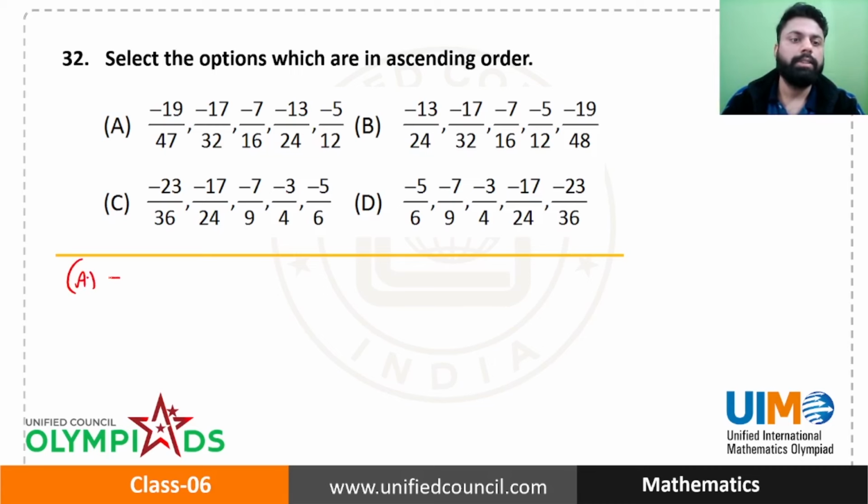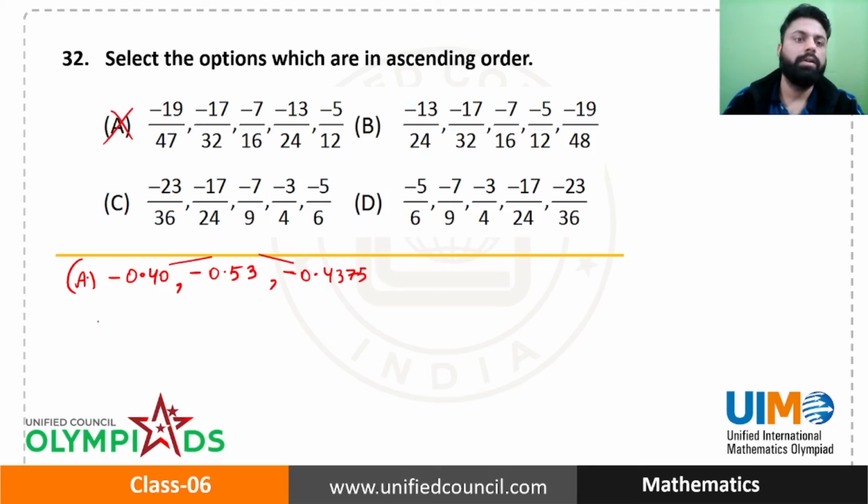A option: this is minus 0.40. Then 17 upon 32 is minus 0.53. Then 7 upon 16 is minus 0.4375. First it's increasing, then it's decreasing. Not the correct one.